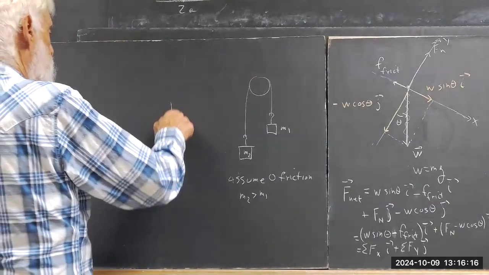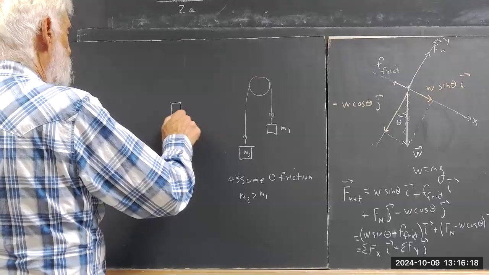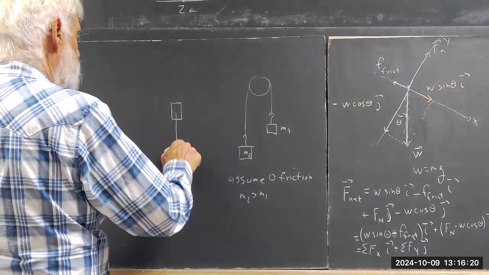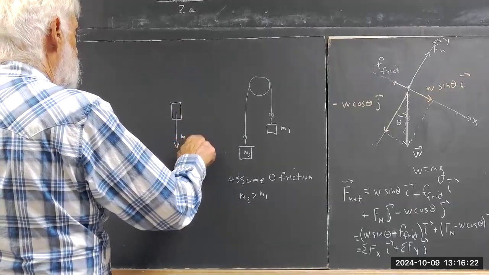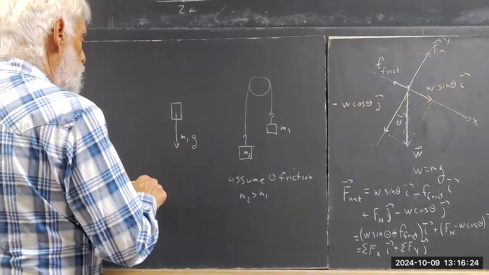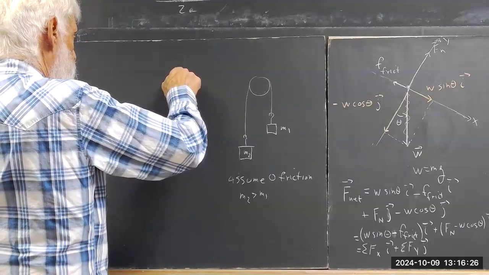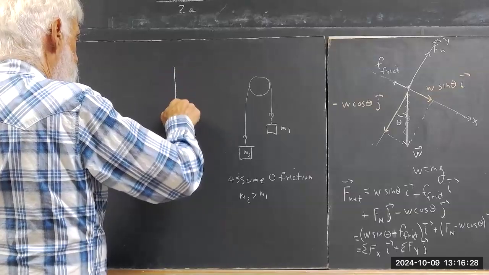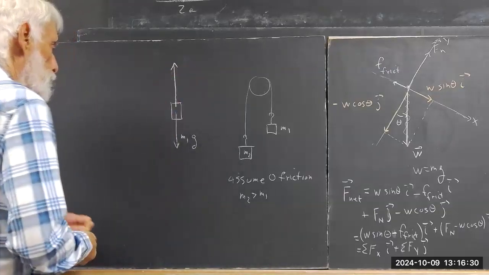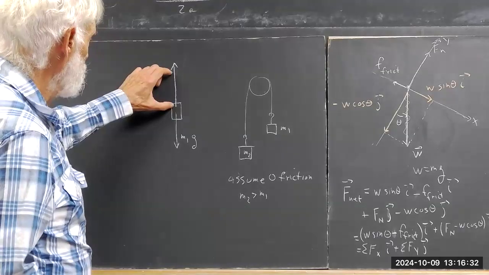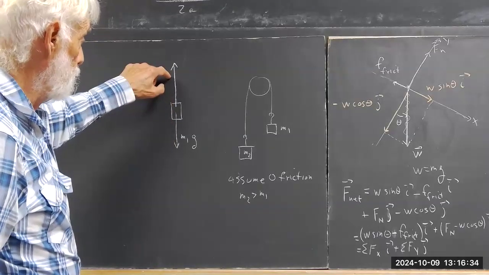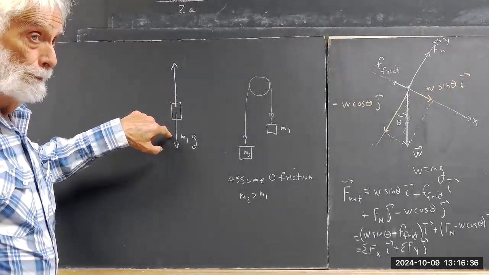Well, we know that we got two different masses. We got M1, and we drew this last time, M1G, and we have an upward tension, which I've drawn to be clearly a little bit greater than M1G. Can you see this is longer than this one?